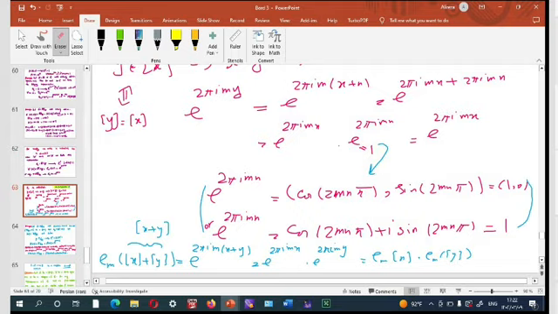This shows that if we consider two equal classes in R divided by Z, e_m of x equals e_m of y. Okay, e_m of x equals e_m of y. Let me write this for you.